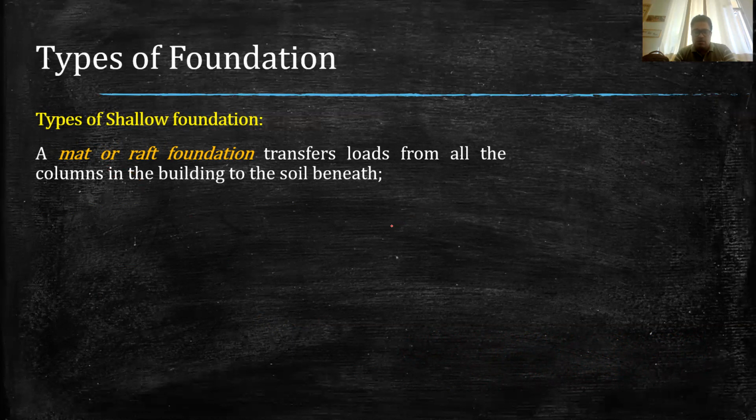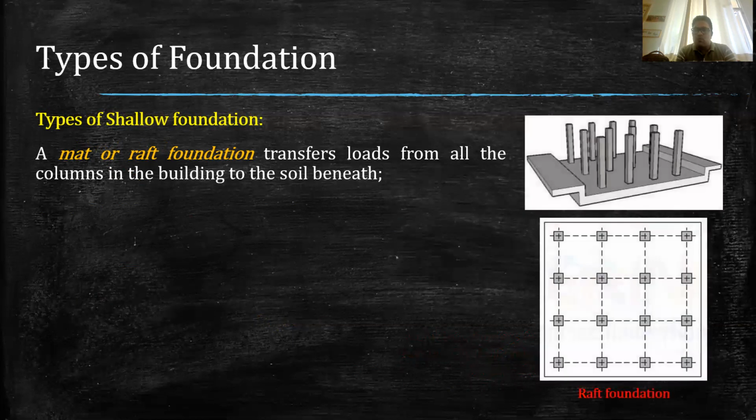So basically, this is again a type of combined footing in which all the columns rest on the same foundation mat. So you can see here all the columns are resting on the same foundation bed, and therefore the foundation is known as raft foundation.